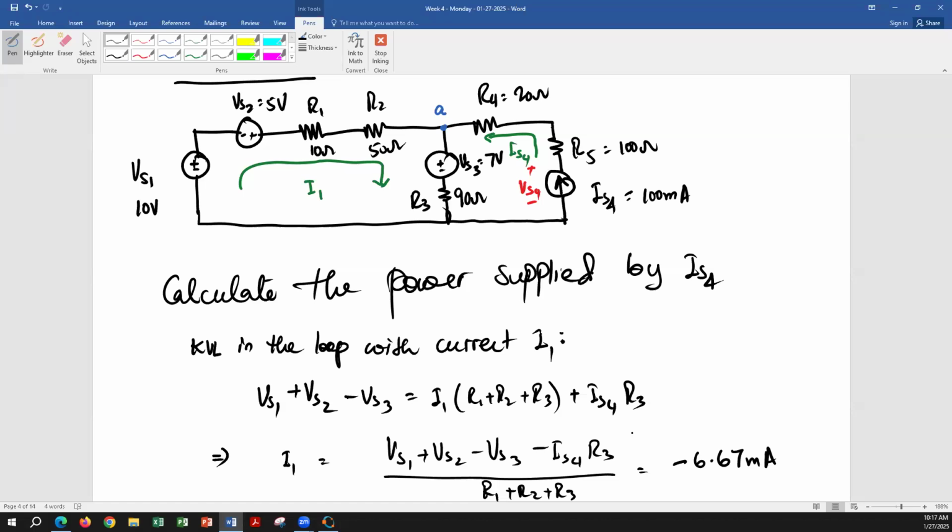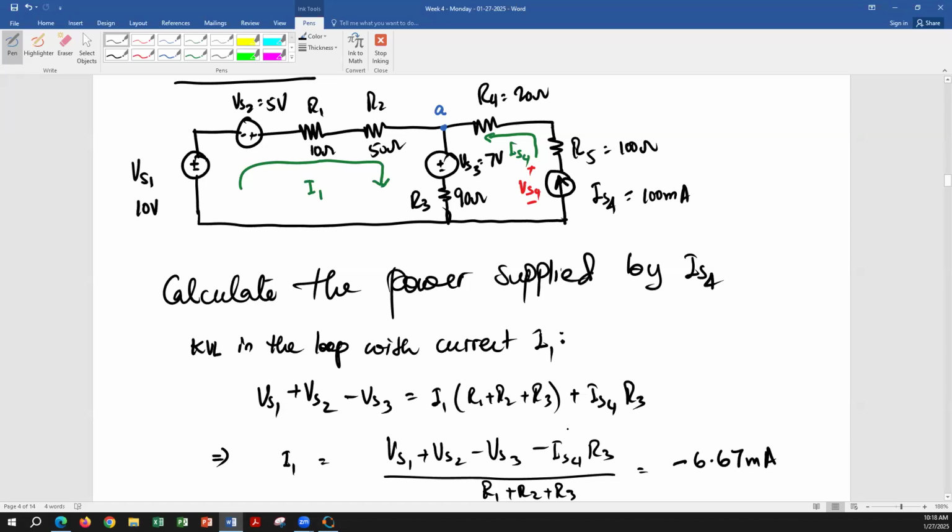And of course, my direction of current in both loops is such that it is flowing in the same direction through R3. So both currents are going to be added together, passing through R3. All right, got the same result, different result, same result? Okay. All right, now we know what is I1.